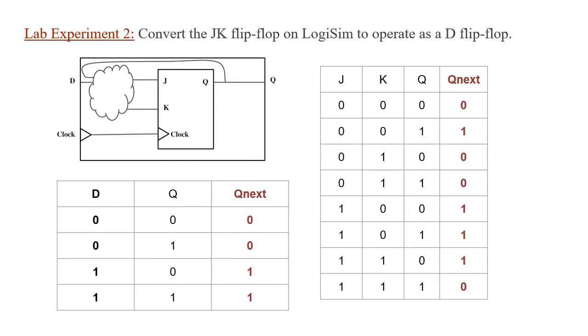Here we have the characteristic table of a D flip-flop as well as the characteristic table of a JK flip-flop. So our goal is to modify the JK flip-flop or build on it a small circuit so that it will act as a D flip-flop.